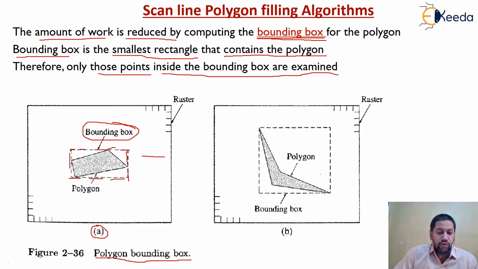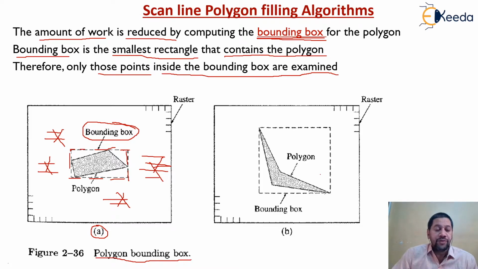There is no need to consider all these other areas. I will examine every pixel which is inside the bounding box. That is the advantage we get from the use of a bounding box.